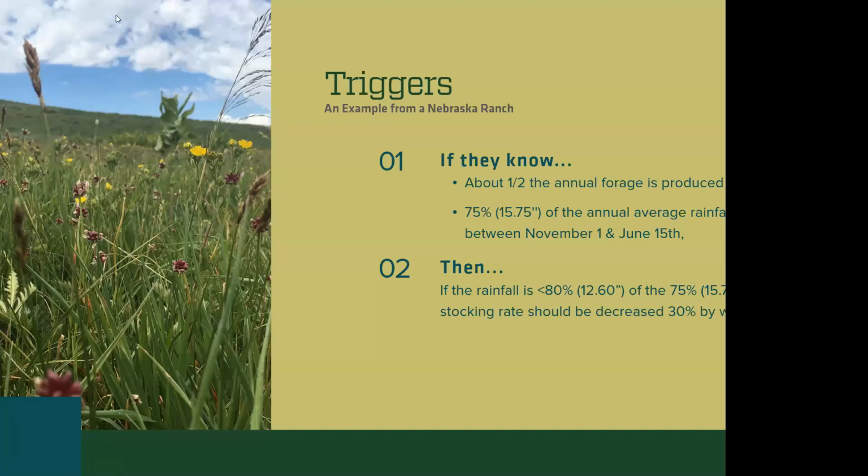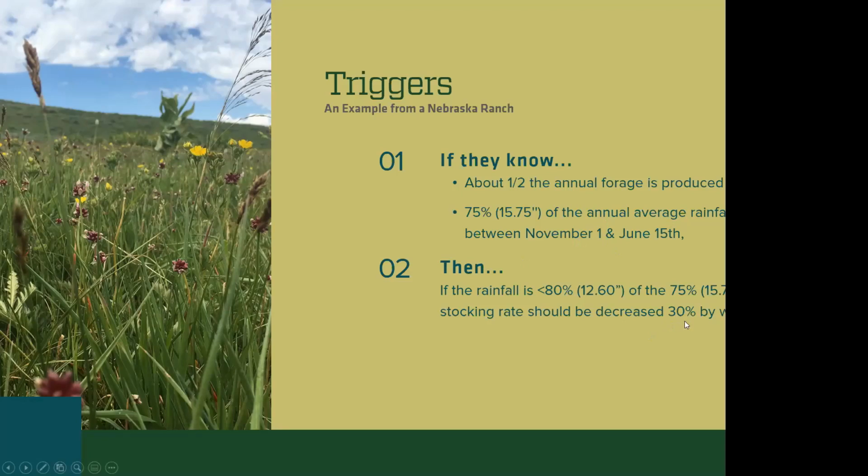So they got this first part, the if: they know that about half the annual forage is produced by June 15th, and they know that about 75% of the annual average rainfall is received between November 1st and June 15th. Then they connect it to a management decision.